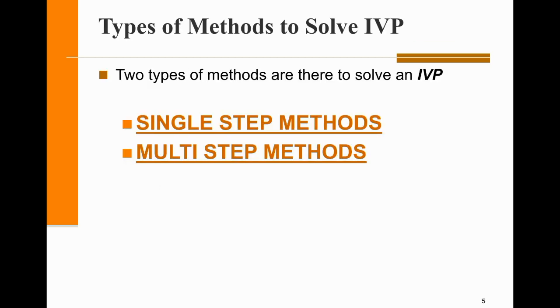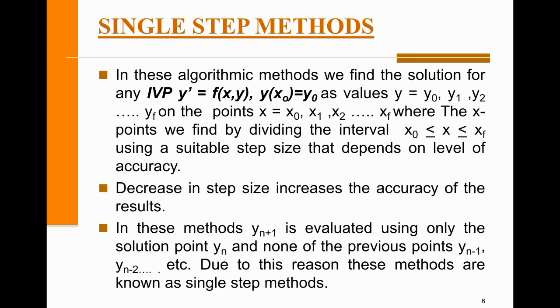We have two types of methods to solve initial value problems, mainly single step methods and multi-step methods. Now, what are single step methods? In these methods, we solve the initial value problem as values y0, y1, y2 and so on. y0 is given to us.